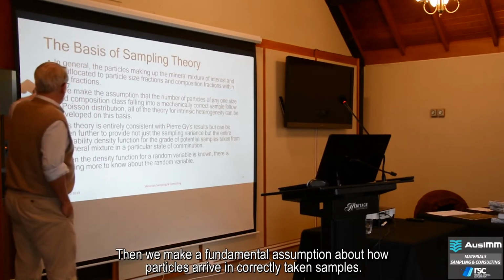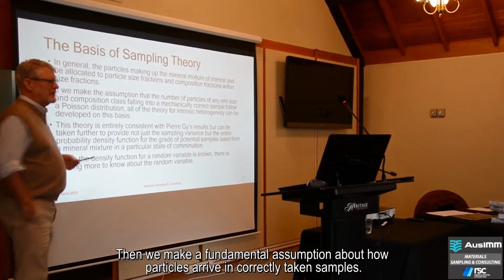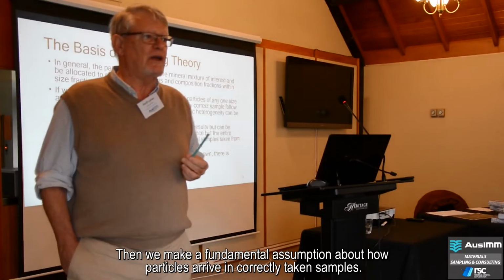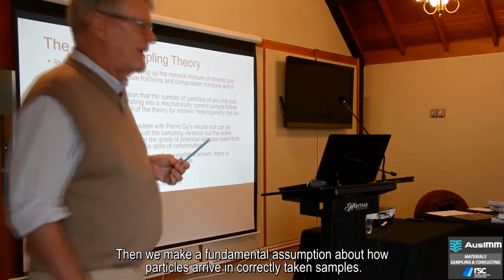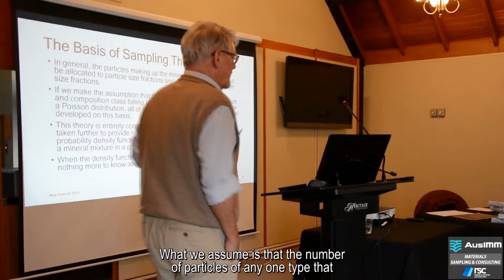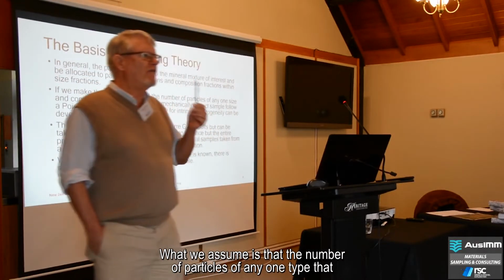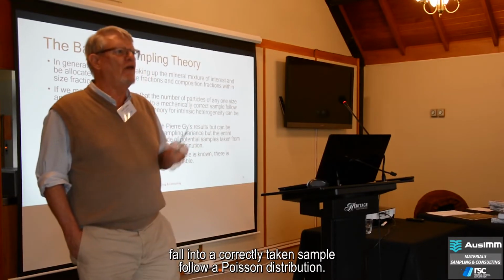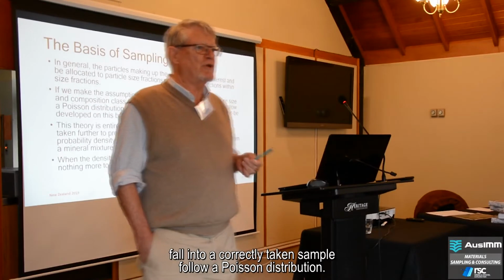Then we make a fundamental assumption about how particles arrive in correctly taken samples. What we assume is that the number of particles of any one type that fall into a correctly taken sample follow a Poisson distribution.